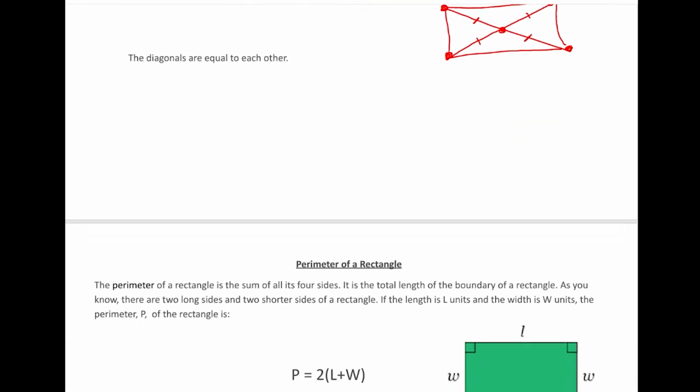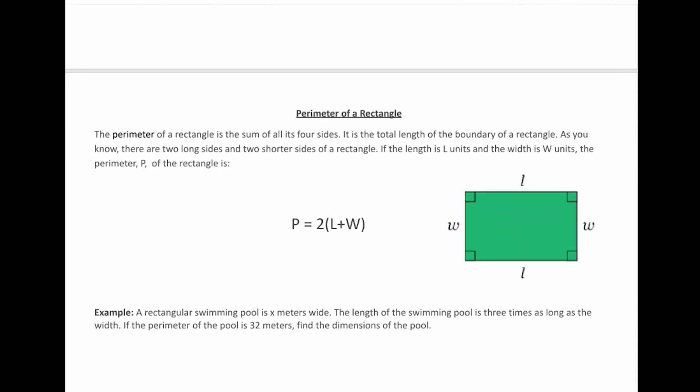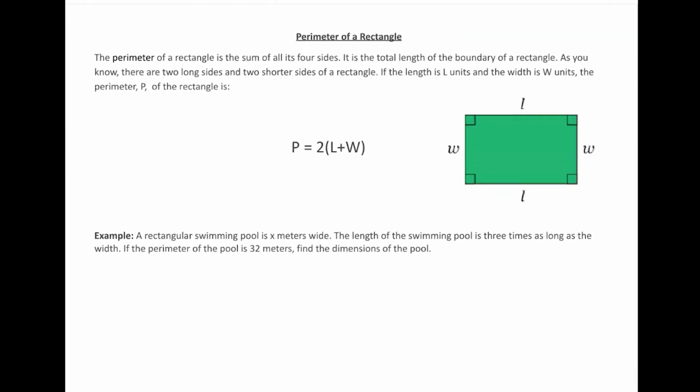All right, let's talk about the perimeter of a rectangle. Just like with a triangle and really just any figure, the perimeter of a figure is the sum of all the side lengths around that figure. We can simplify that for a rectangle since we've got four sides here. One way to think about it is just the two lengths plus the two widths.